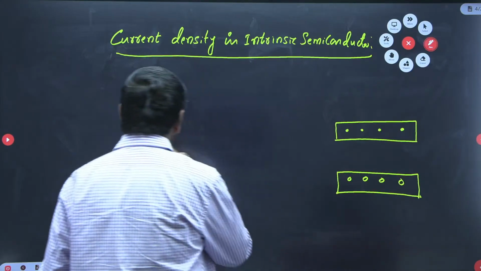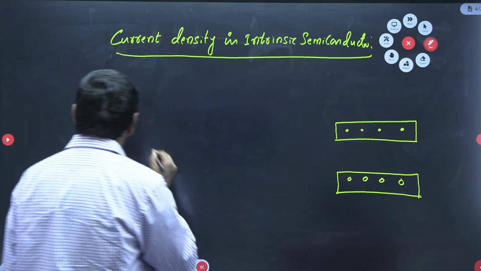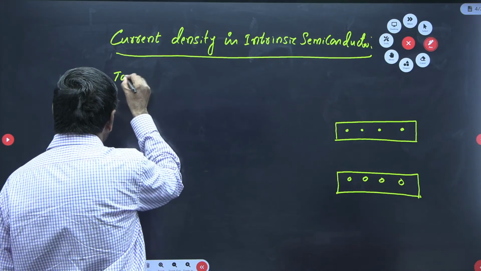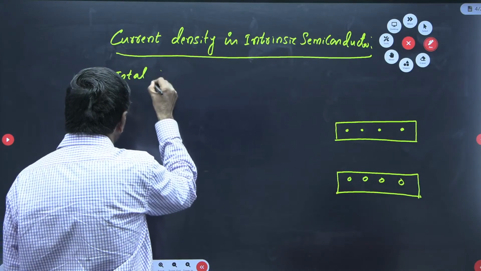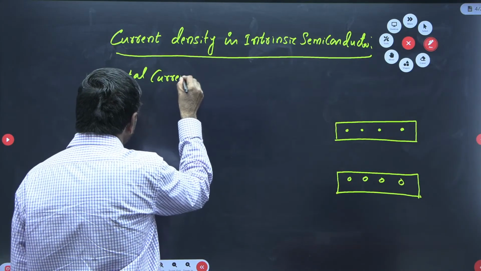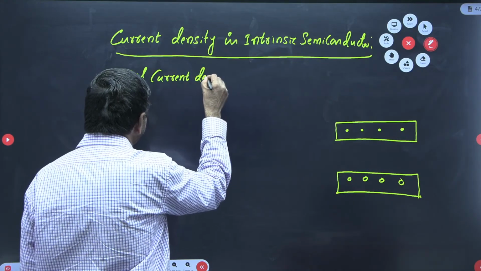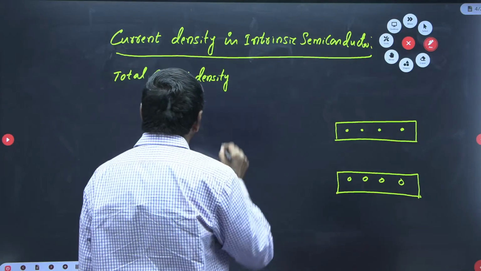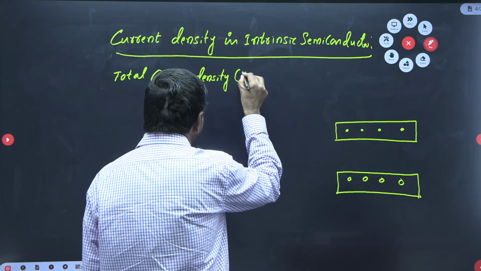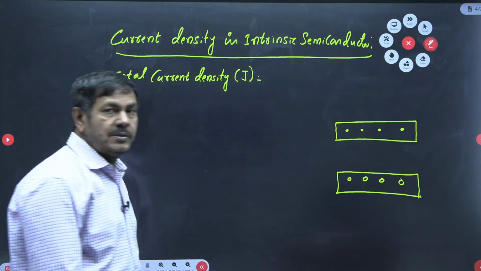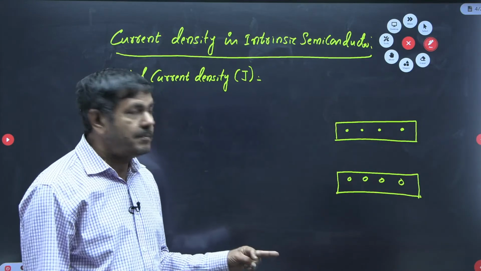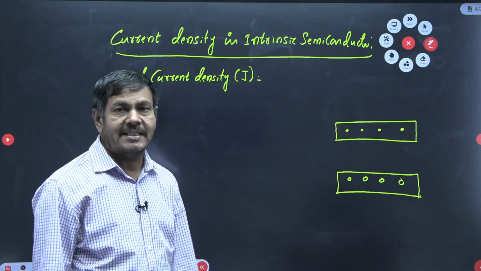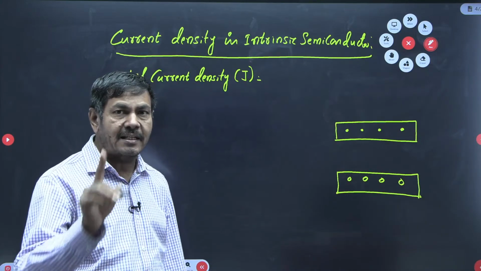But I would like to find the current density in the intrinsic semiconductor. The total current density is denoted by the symbol J, and it is possible due to electrons and holes. In conductors, we find current density due to electrons only.